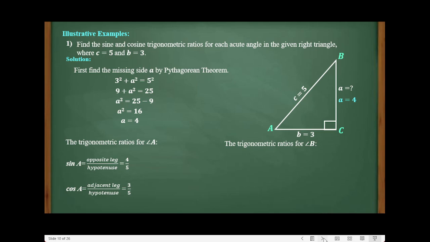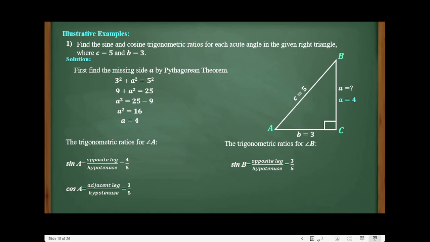What are the 2 trigonometric ratios? First one is sine of B, that is the opposite leg of angle B over the hypotenuse. And what is that leg opposite of angle B? Obviously this one, because this is your angle B. So 3 over the same hypotenuse, whose length is 5.